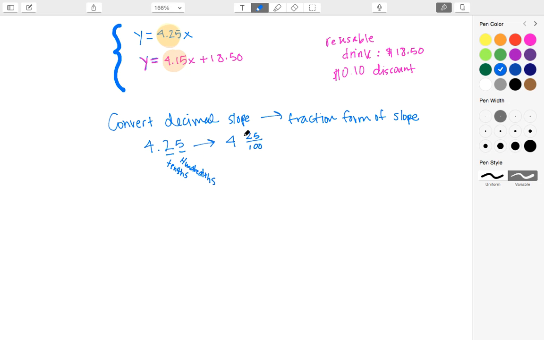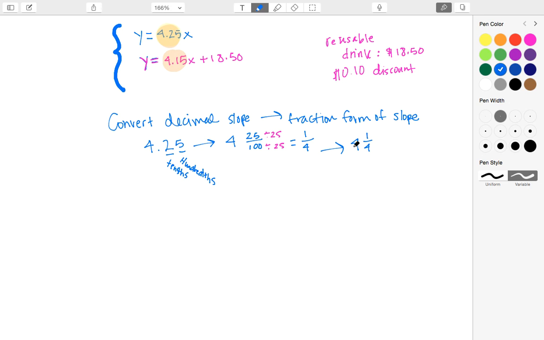So we have 4 and 25 over 100. And then this could simplify further if I were to divide both the top and the bottom by 25. That will equal 1 over 4. So now our new fraction form, or mixed fraction, is 4 and 1/4.